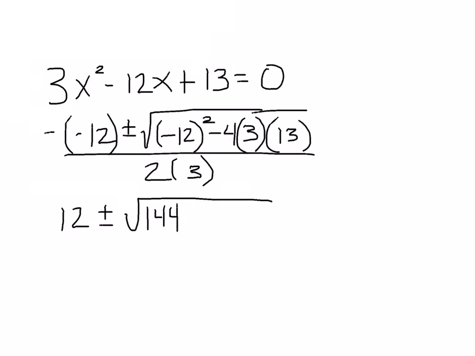And on the back part of that, you have negative 4 times 3 times 13. What do you get there? What's negative 4 times 3 times 13?